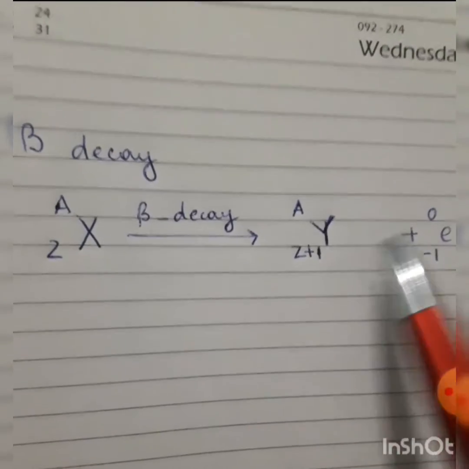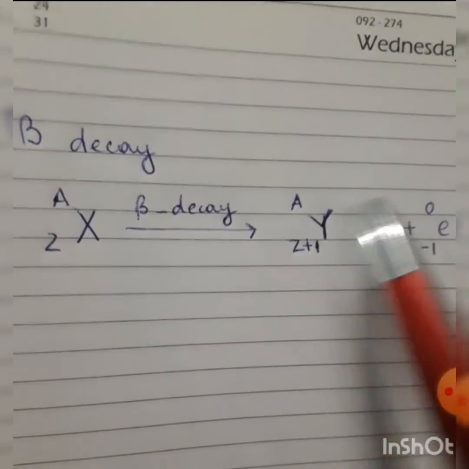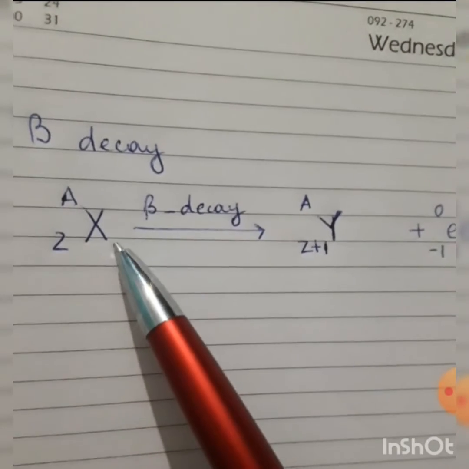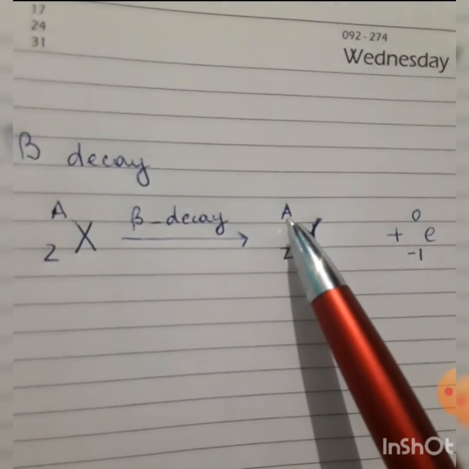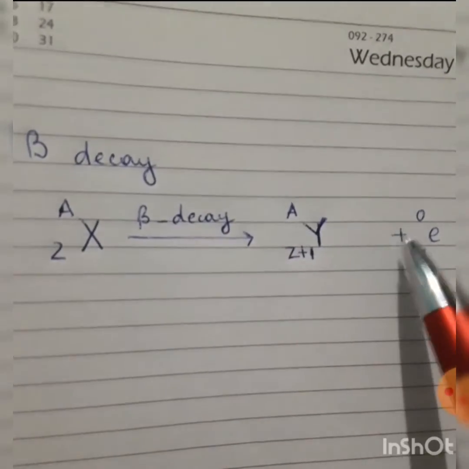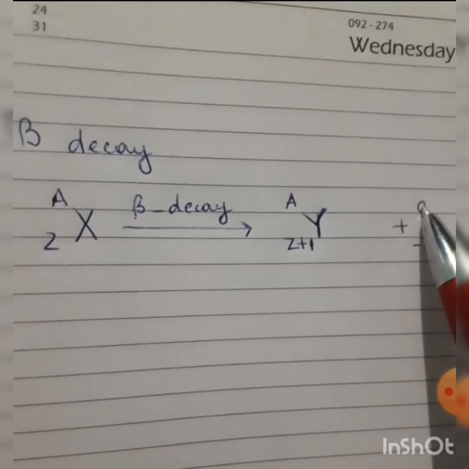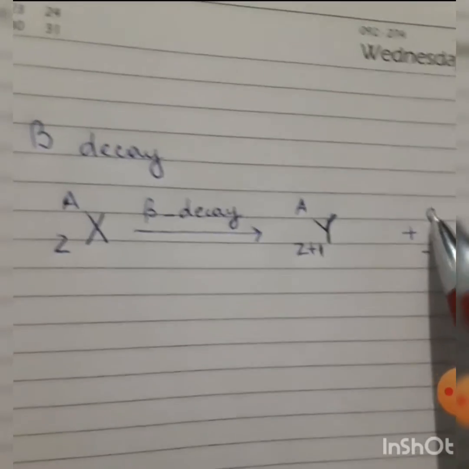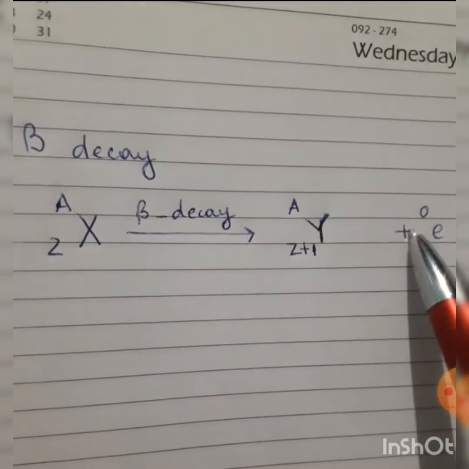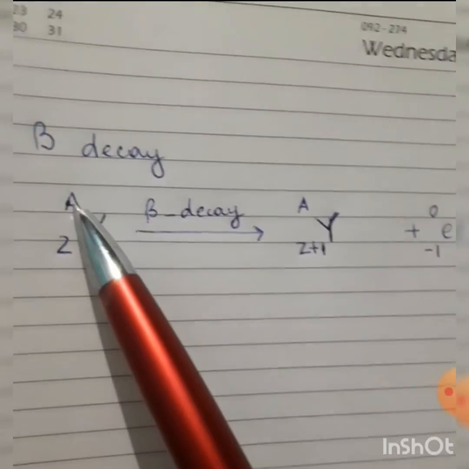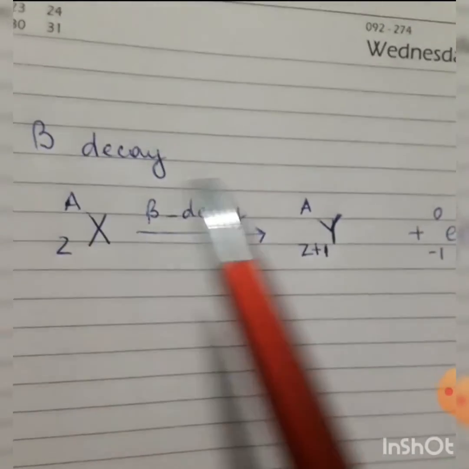Now we will check whether the right hand side is equal to the left hand side. A plus 0 is equal to A, so the mass number matches the left hand side.